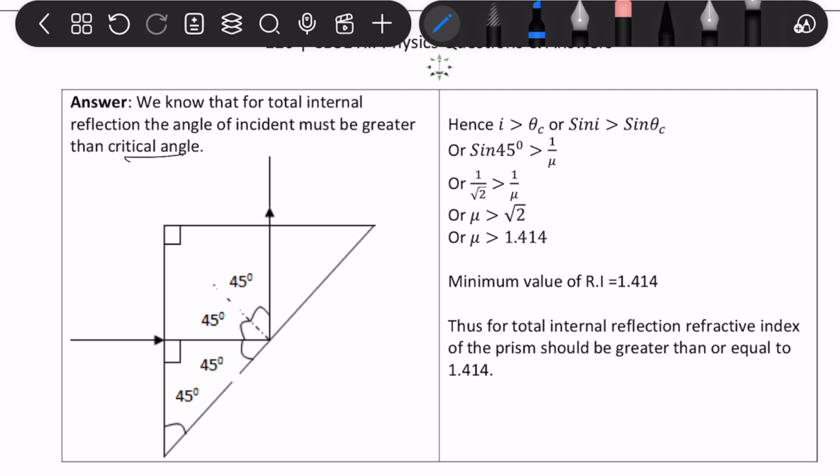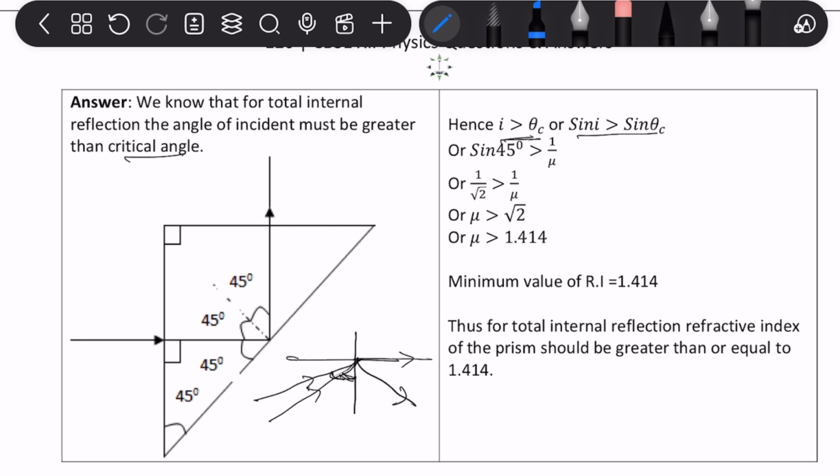If for a certain angle of incidence the light grazes the surface, this angle of incidence is called the critical angle. If the angle of incidence is more than the critical angle, then what will happen? Instead of refraction, reflection happens. This phenomenon is called total internal reflection.